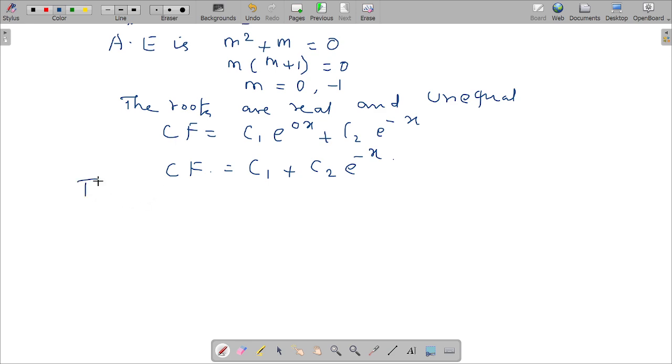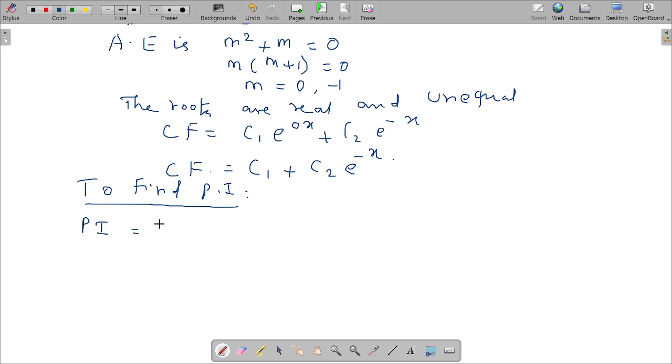To find the particular integral, the particular integral equals right hand side divided by left hand side.